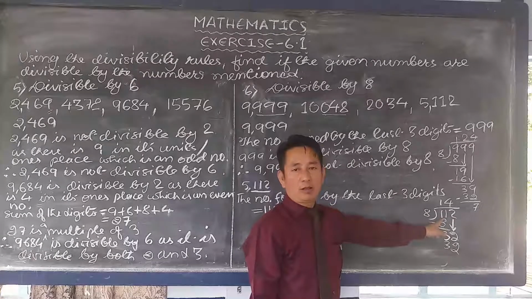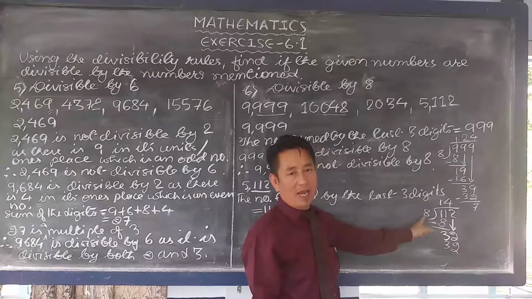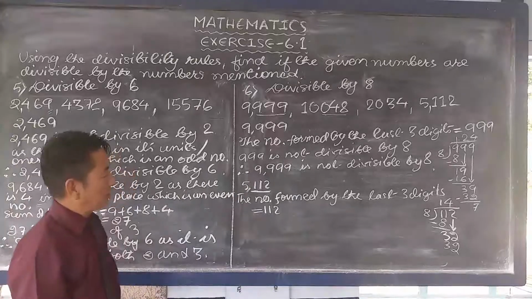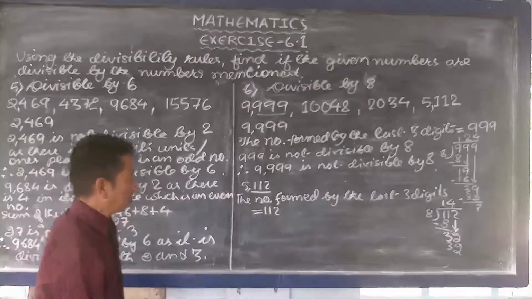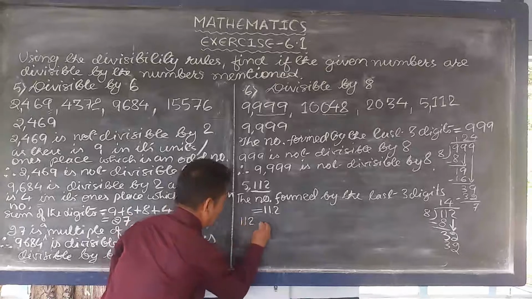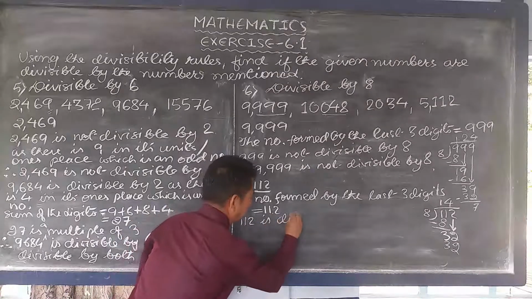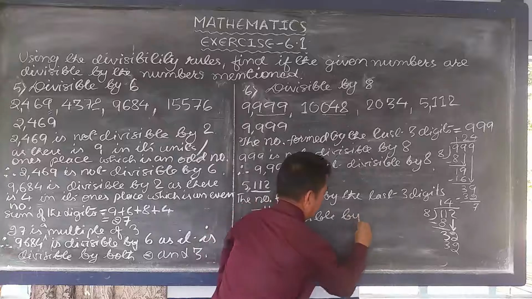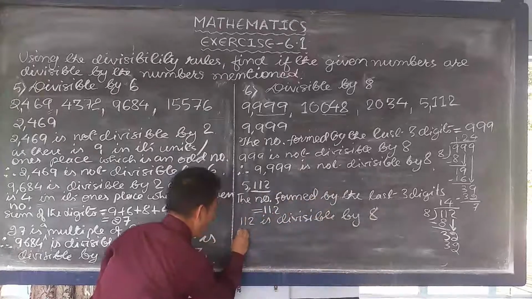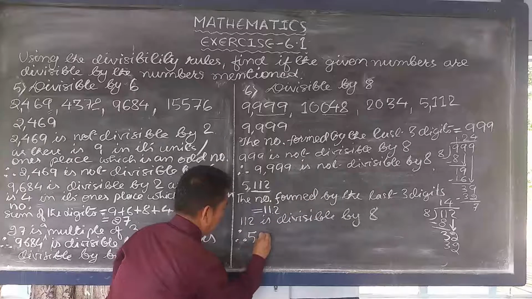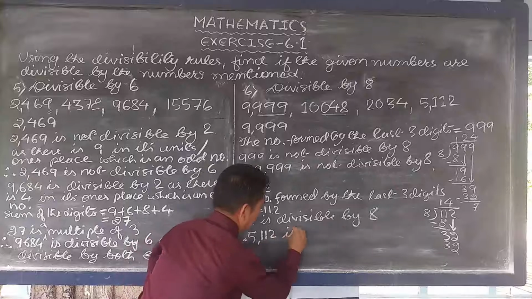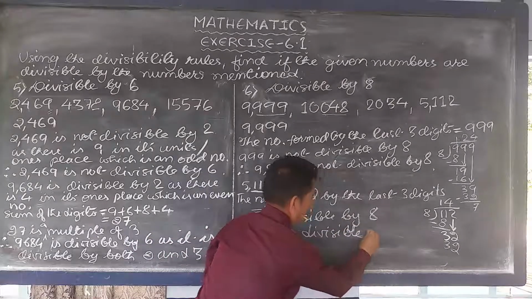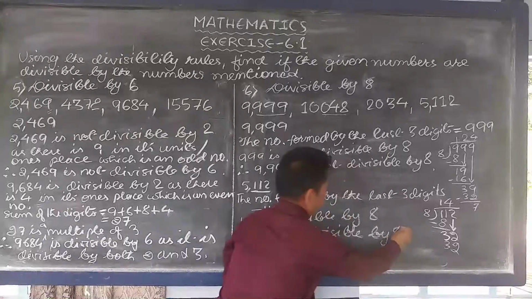This 112 is completely divided by 8. Therefore, 5112 is divisible by 8.